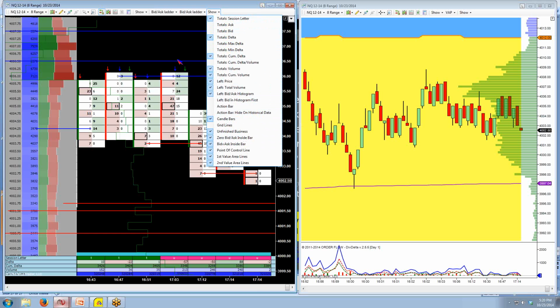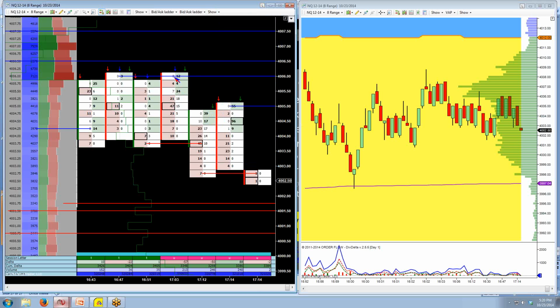You can show unfinished business. Typically when you're looking at your order flow chart, you're going to end with a 0 up here or a 0 down here. If you see that there isn't a 0 there, that's considered unfinished business, and usually price will find its way back there again.